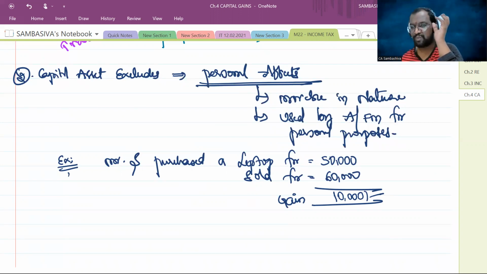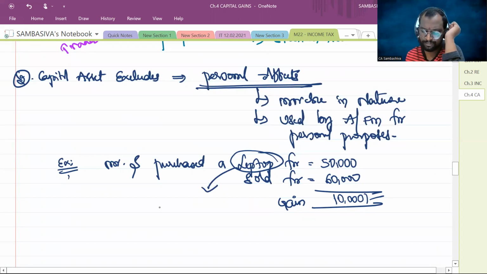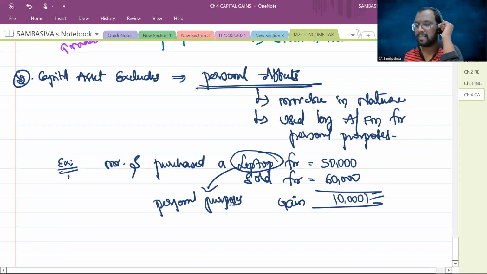Now the question arises whether this 10,000 is taxable under the head capital gains. First of all, you have to see for what purposes you have utilized your laptop. Sir, I've used my laptop for my personal purposes. So then it is not a capital asset, and these gains are not taxable under the head capital gains.